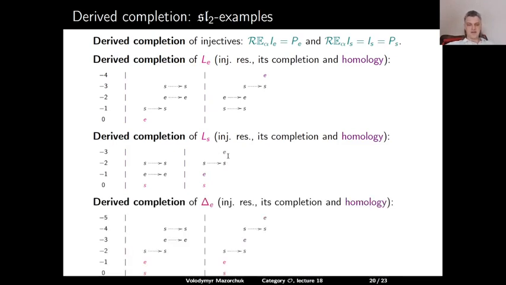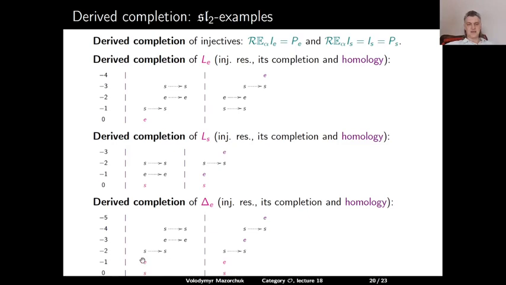And finally, here is a computation of the derived completion of the projective module delta E. So delta E has the following injective resolution. It's a submodule of IS. The cokernel is a submodule of IS, and then the final cokernel is IE. So if we apply completion, the two IS's remain the same, and IE goes to PE.